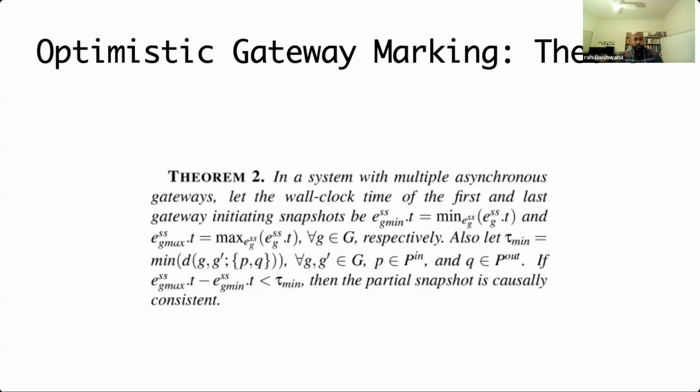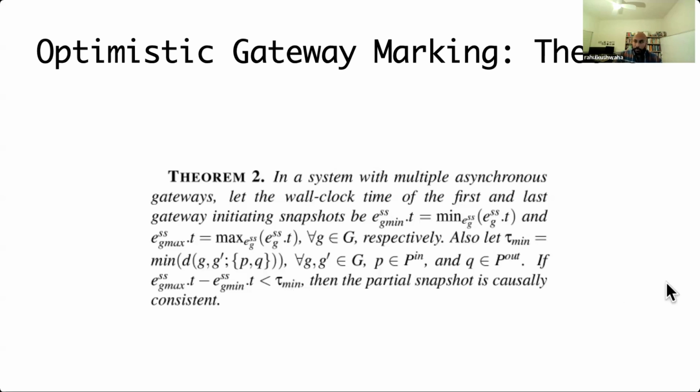So mathematically, they are trying to say the same thing. Let the wall clock times of the first and the last gateway initiating snapshots be min ESS, G and max ESS, G. ESS means the snapshot event for the gateway. So it says the difference between the min time and the max time should be less than T min.